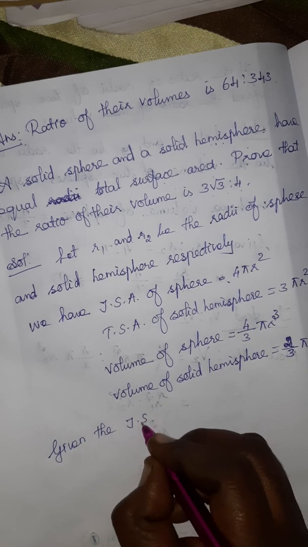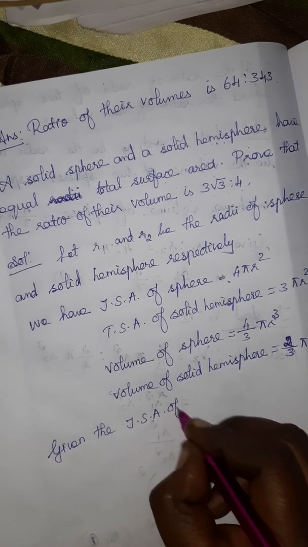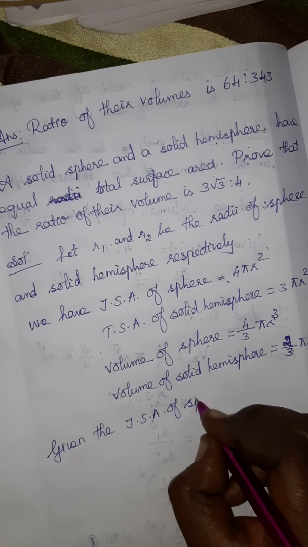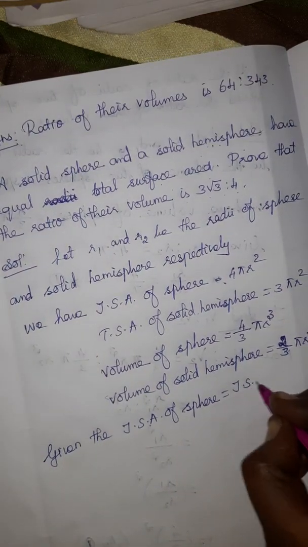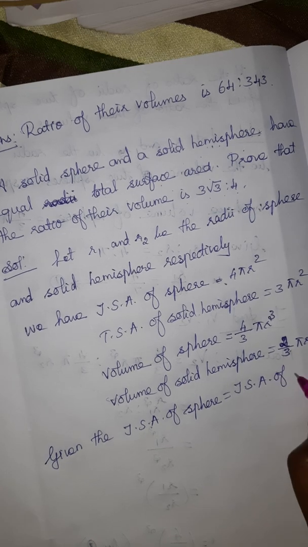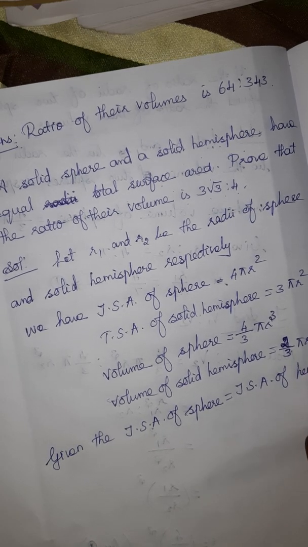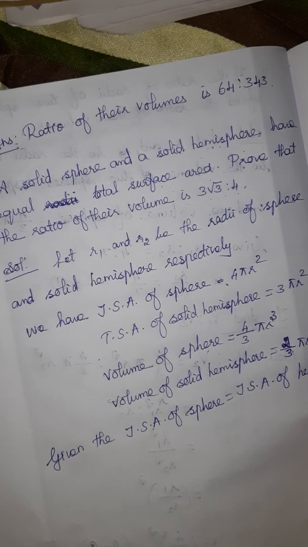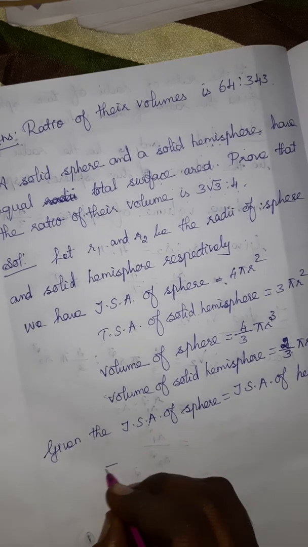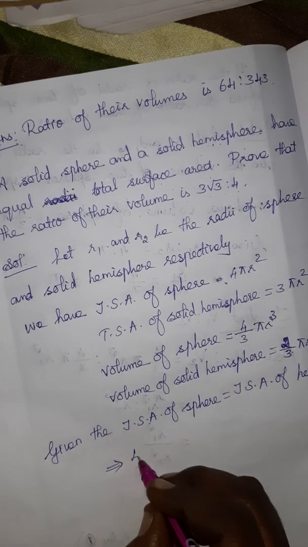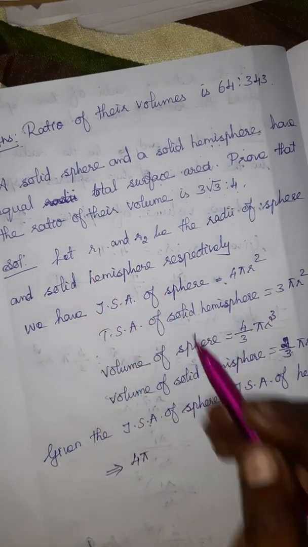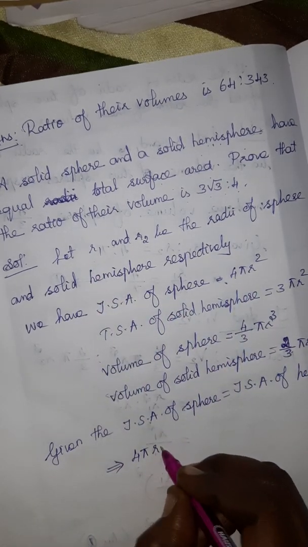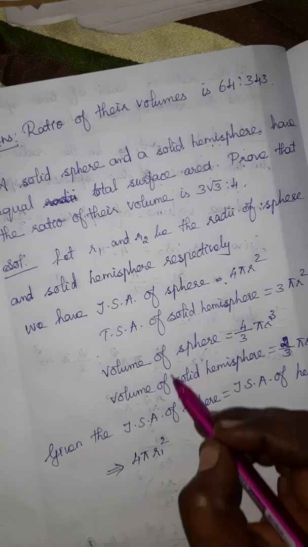TSA of sphere is equal to TSA of hemisphere. Here we mention only the solid hemisphere. The radius of the sphere is r1, so 4 pi r1 square.